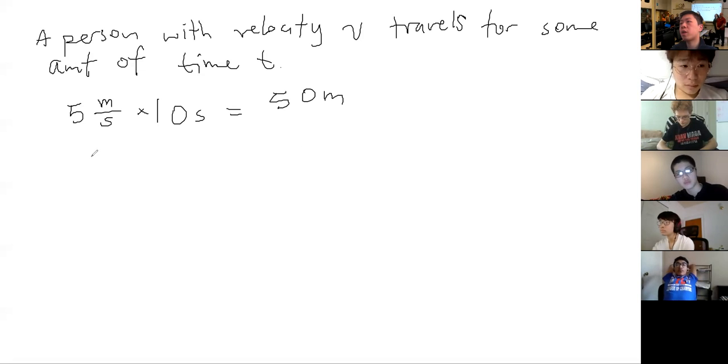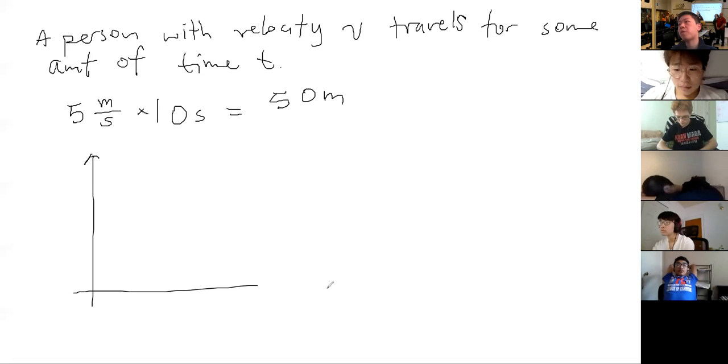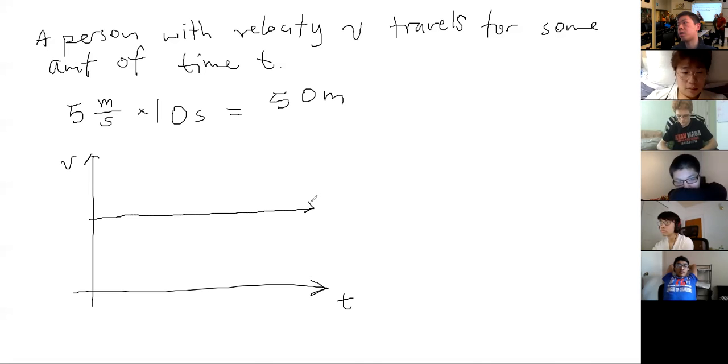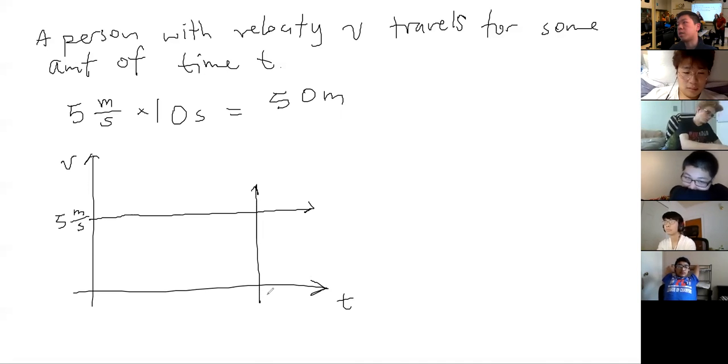All right, so what's really going on here is we can graph our velocity in terms of time. In this case, our velocity is always constant, so it's going to be a straight line at 5 meters per second, and then I stop at 10 seconds.